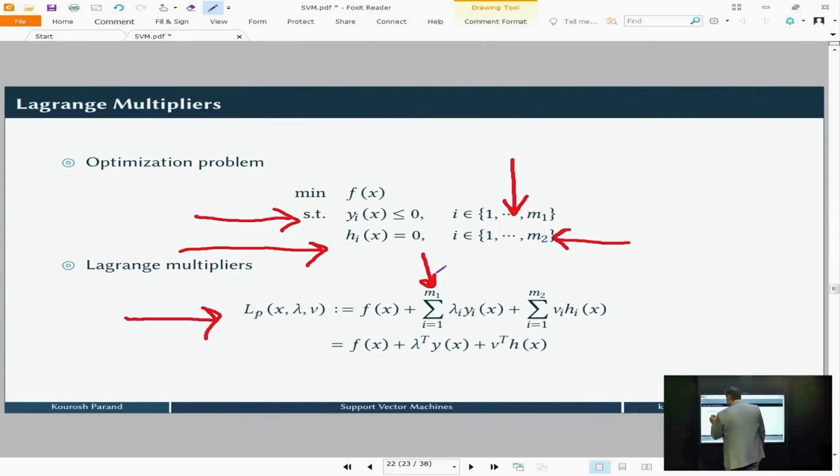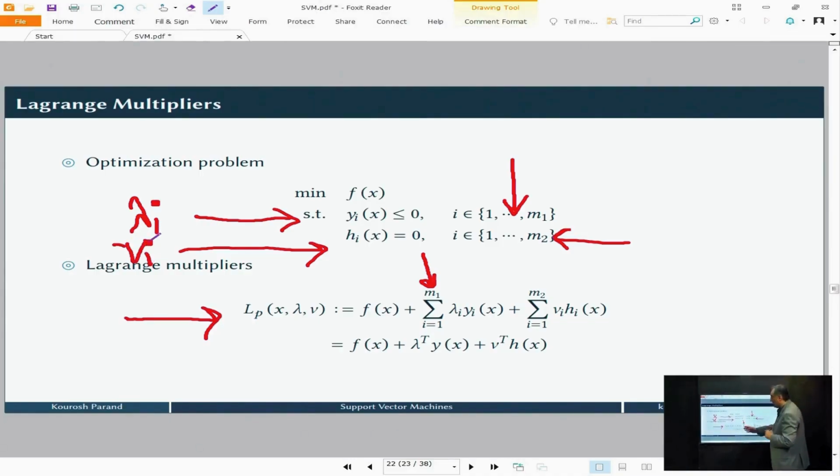We define a number of variables corresponding to the constraints. We define variables called lambda i's for the inequality constraints, and for these equality constraints, we define a set of variables called v_i.